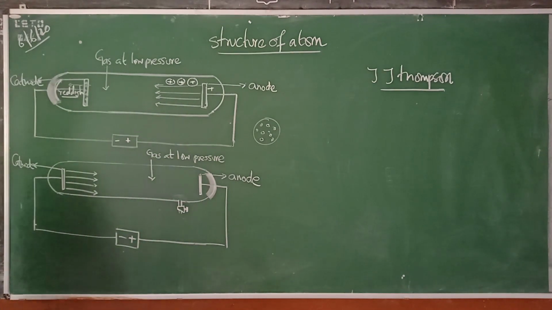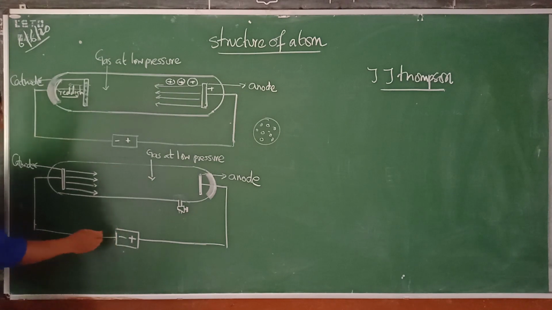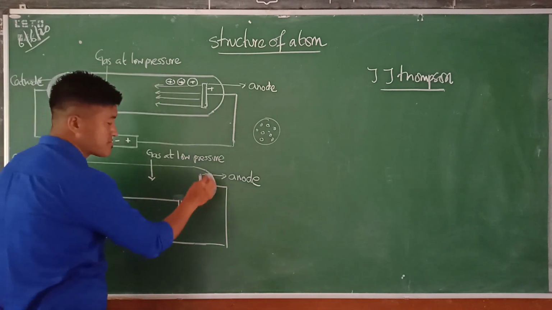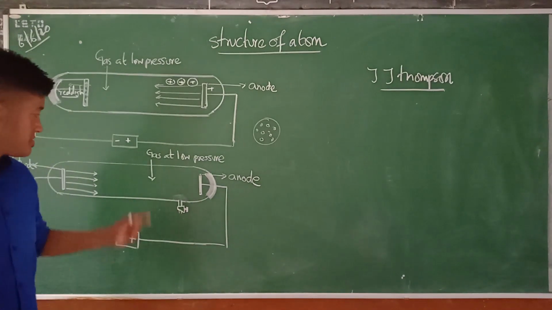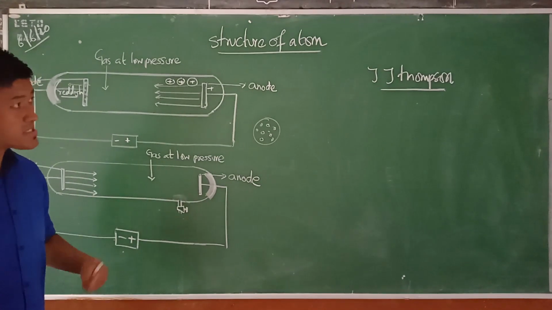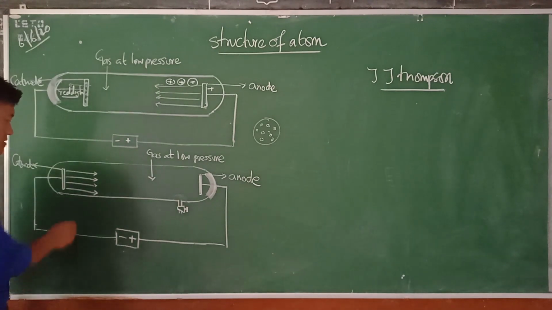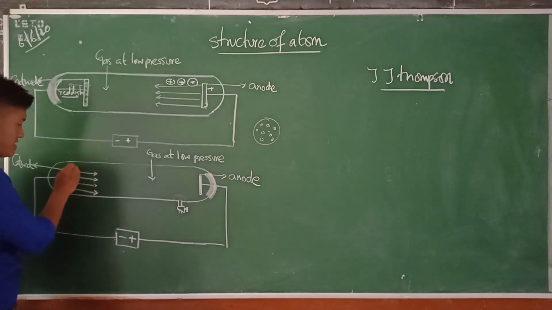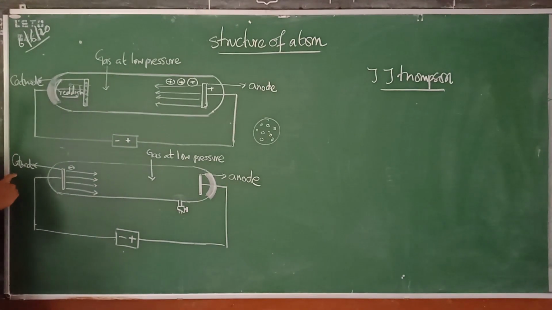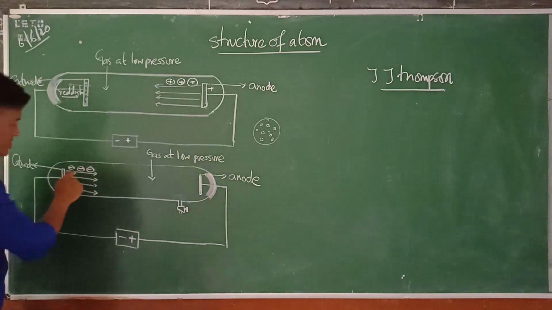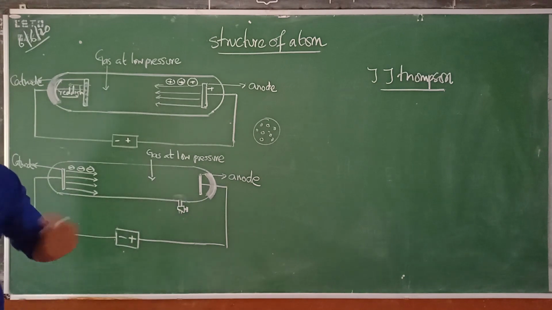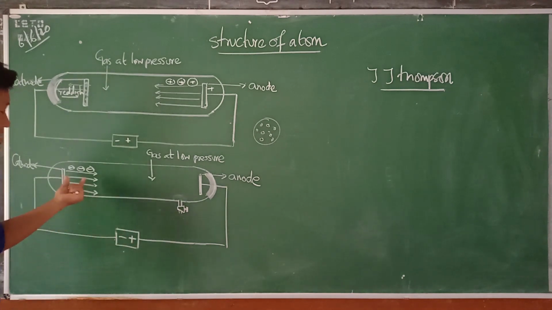Understand? So the moment he passed electric current, what he came to visualize is that this one is turning into a greenish kind of color here in this gas discharge tube. So once again he considered that there are some particles which are coming from the cathode side, and they are always negative by nature.